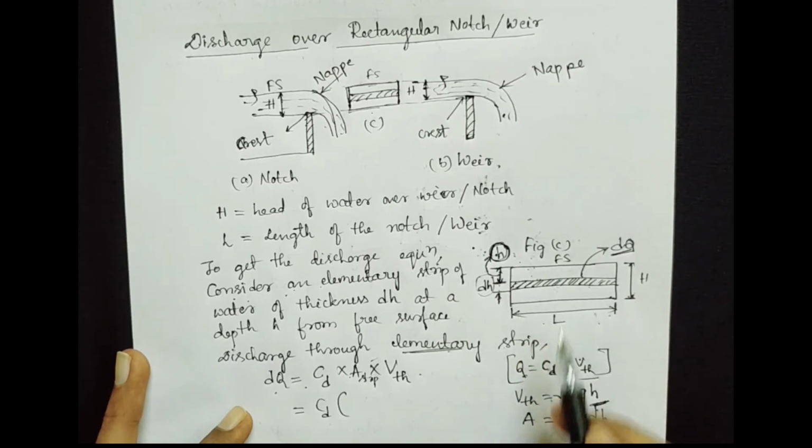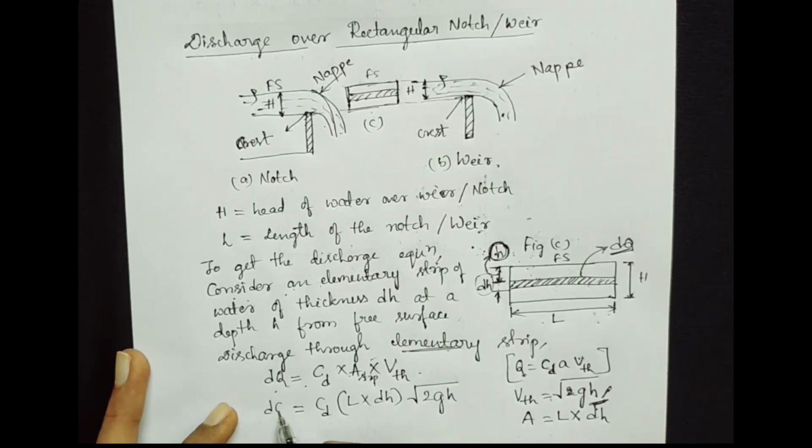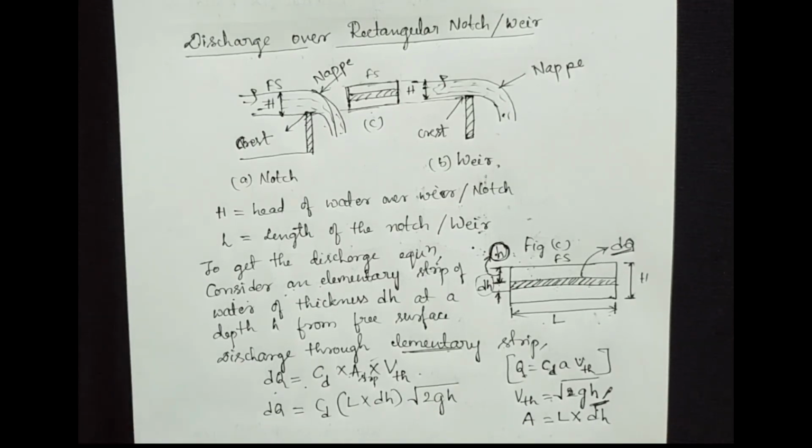So the area will be L into dh, and V theoretical is the square root of 2gh. This is the discharge through the elementary strip.